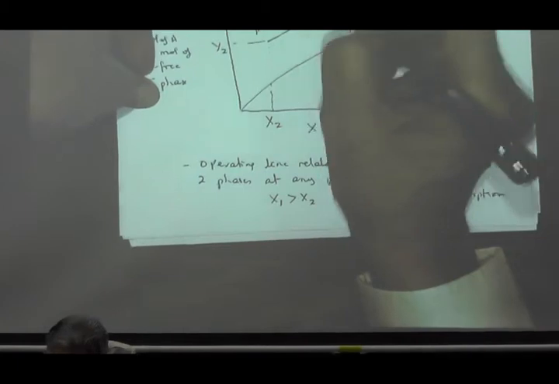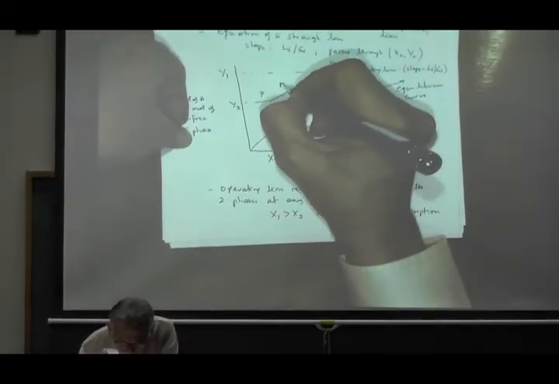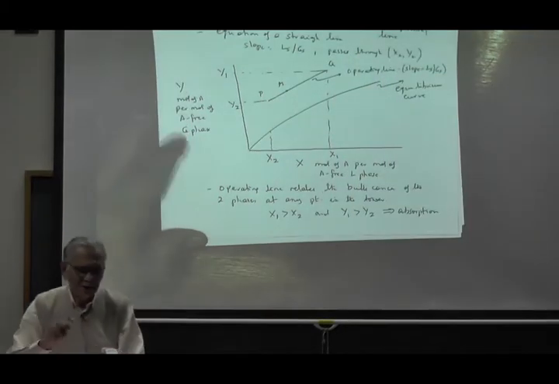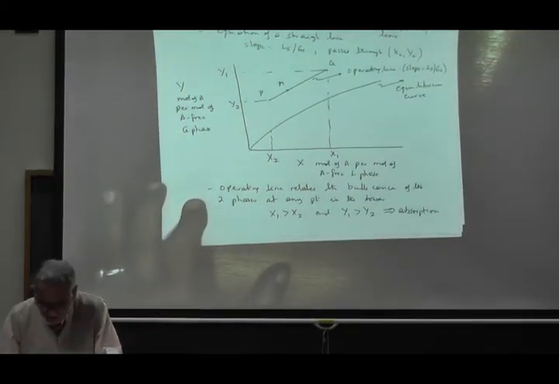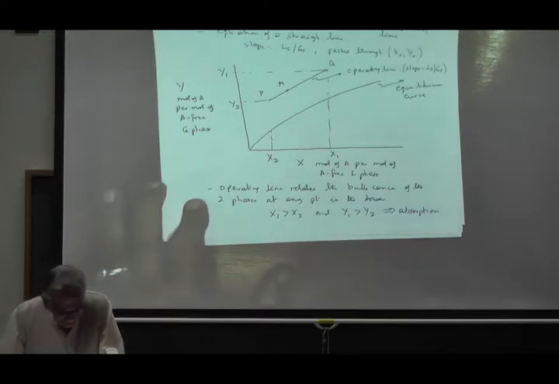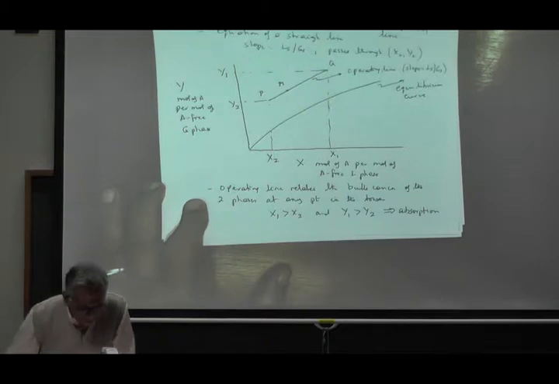Okay. Now, let's just look at any point. So P and Q are the 2 points. Let's look at any point M in the tower. So that is any point in the tower. What is the overall driving force for phase L? See, what are the overall driving forces?